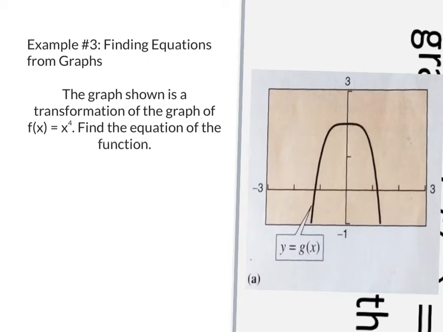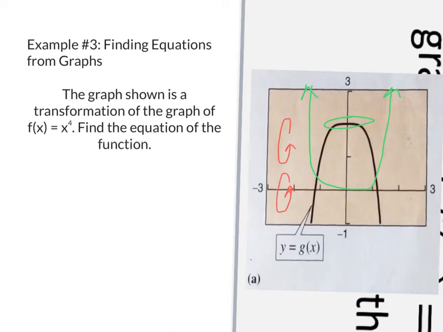So a general x to the 4th function, by the way, looks just like a parabola except it's kind of flattened in this area. But either way, it would have been more so like this as the original. Okay. However, it has been reflected in the x-axis, reflected this way, around the x-axis.